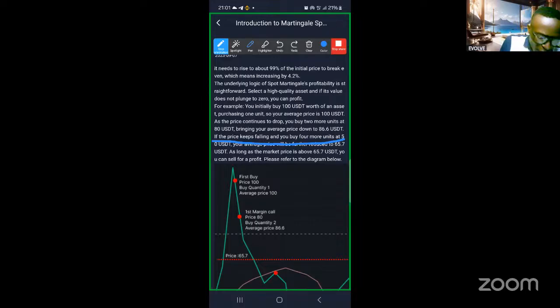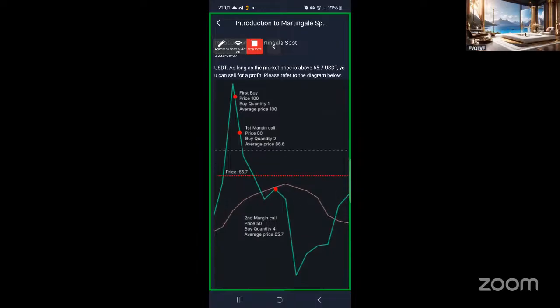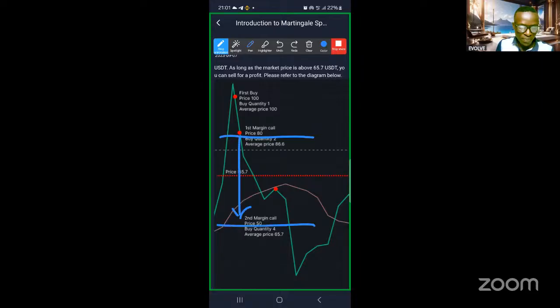Meaning, the price of the coin has dropped from $80, and now the market has gone down as far as $50.